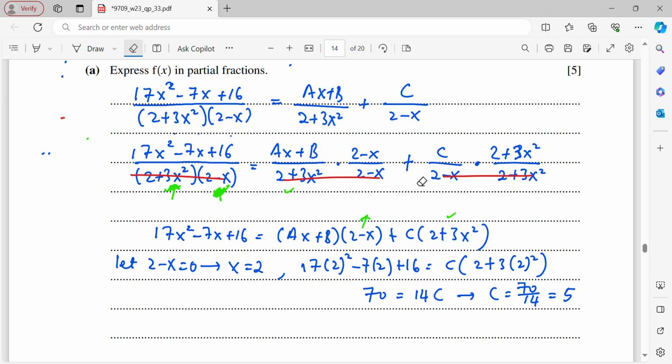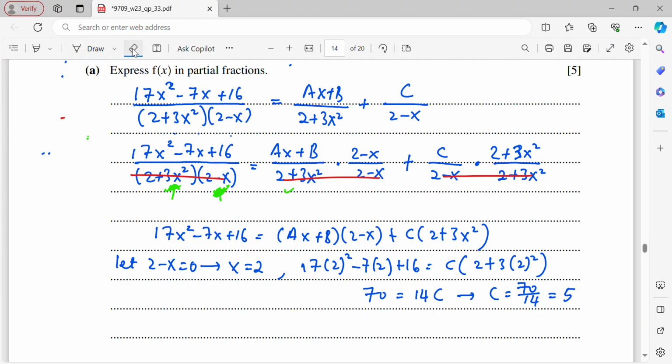Now, supposedly we need to let this other factor be 0. But we know the quadratic cannot be 0. 2 plus 3x squared cannot be 0, it will always be at least 2. Therefore, I will let x be any other number. The easiest way is to let x be 0. For the left-hand side, first term 0, second term 0, third term is 16.